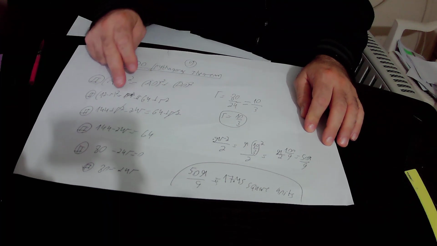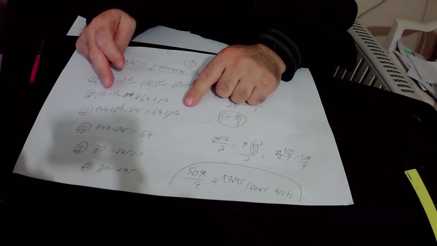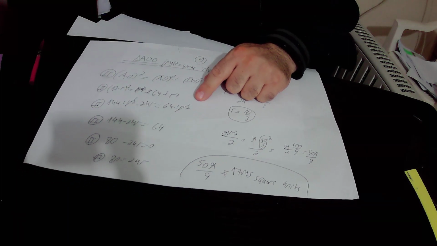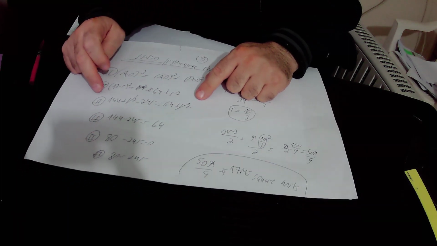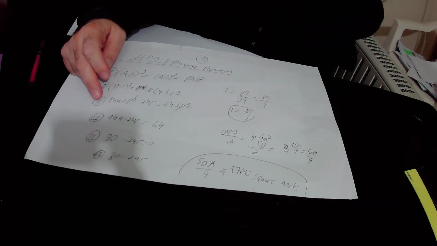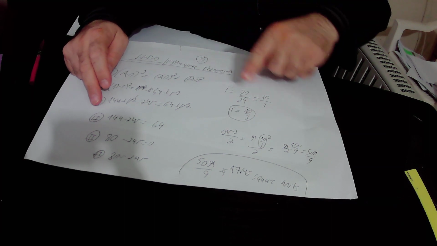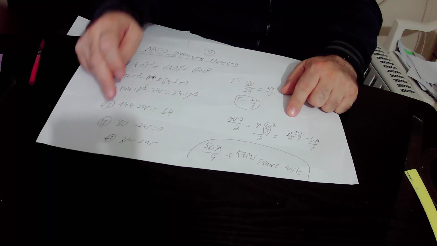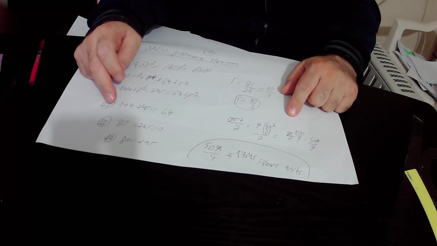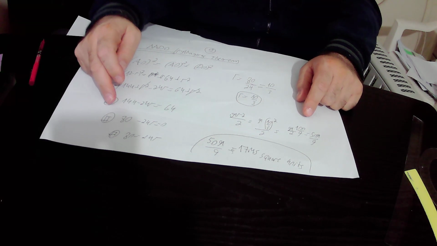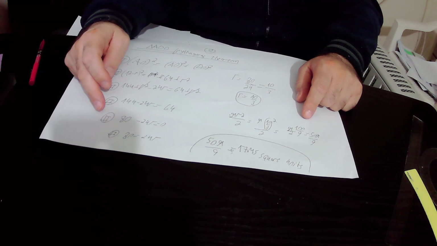We have R square on both sides of equation number 2, so R square will get cancelled. Then we have here 144 minus 24R equals 64. We subtracted 64 from this equation, and we got that 80 equals 24R.